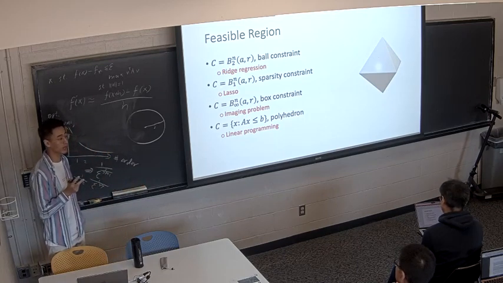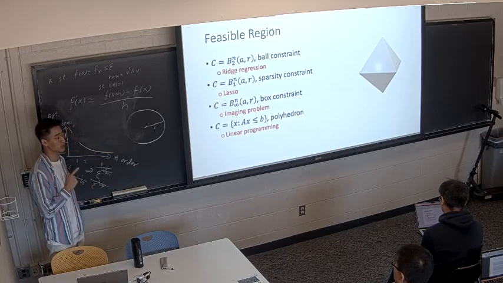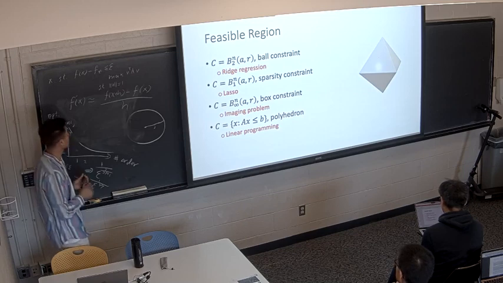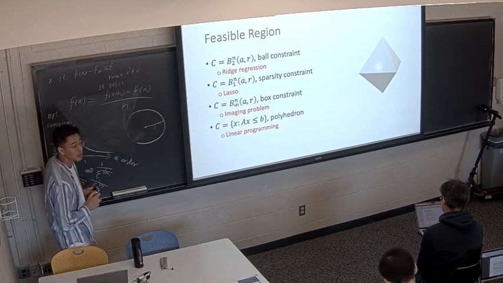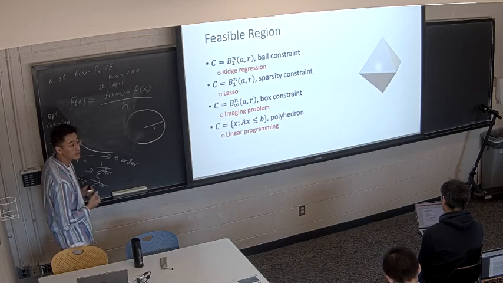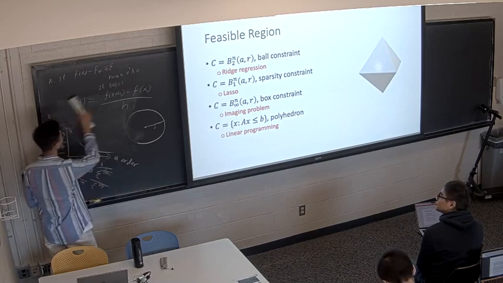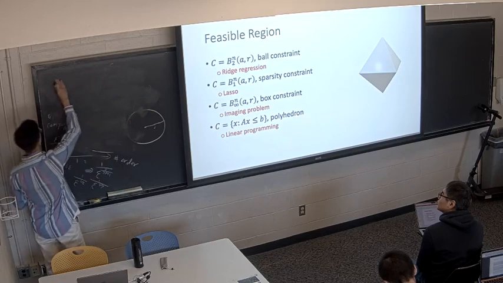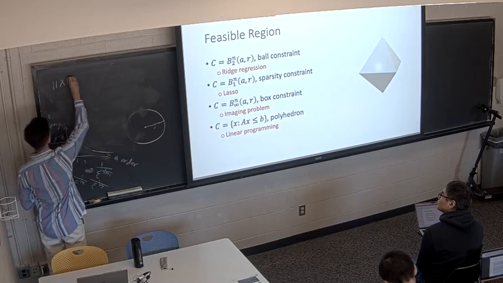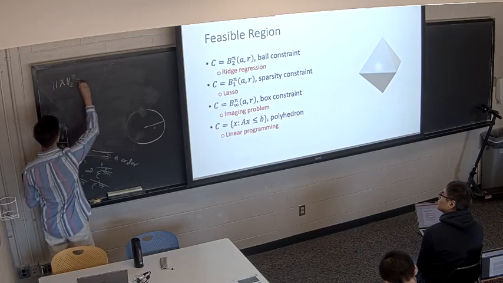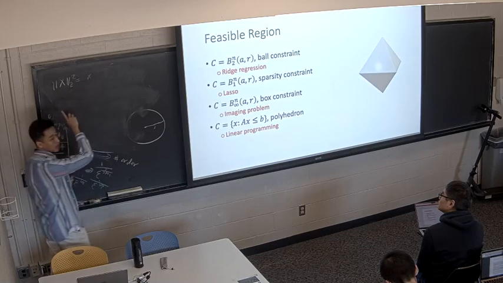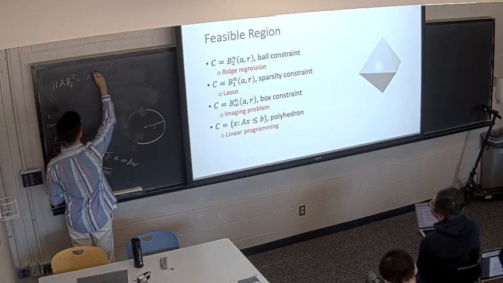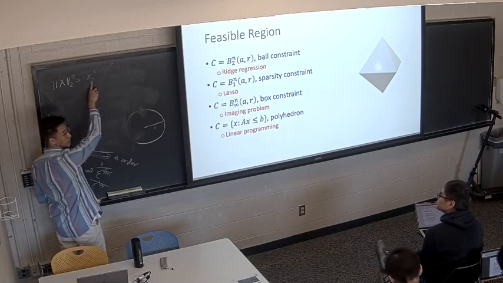I believe everyone knows about the L1 norm, right? So what does the L1 norm mean? Yeah, sure, I'm going to cover this. So L2 norm squared, this is in R^n space. This is the first coordinate.